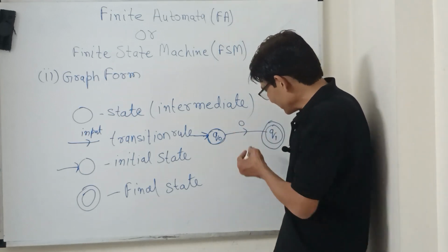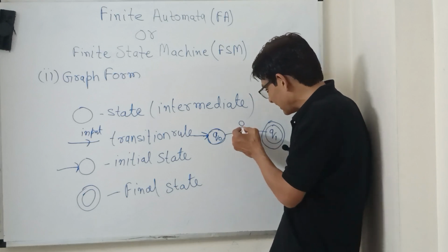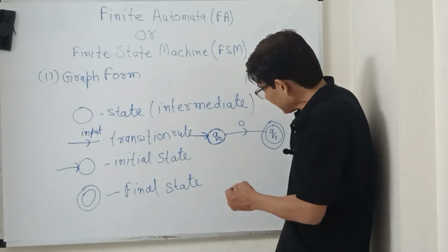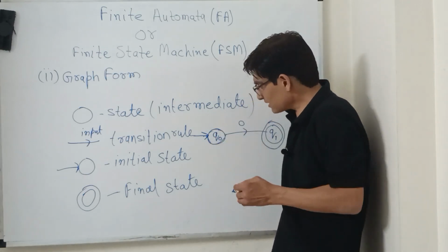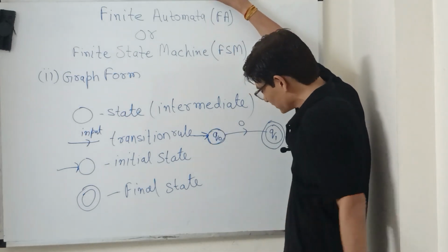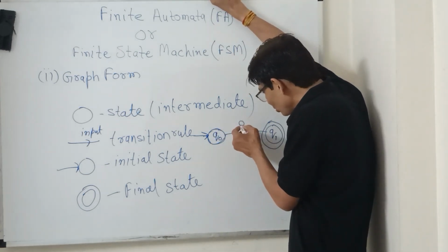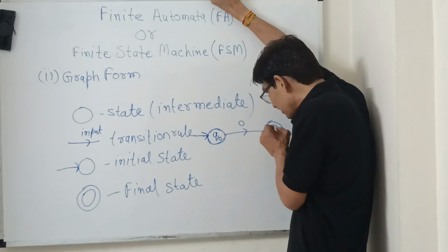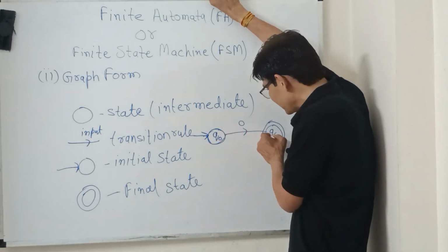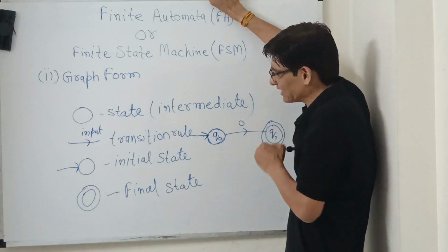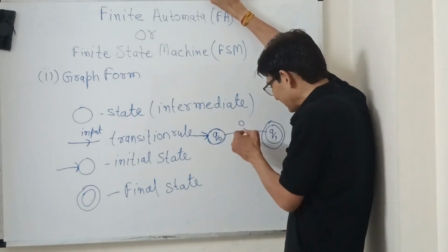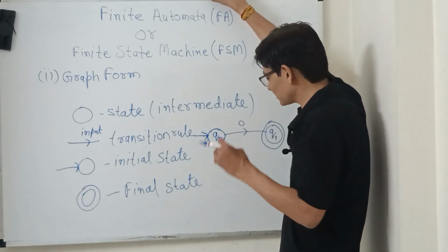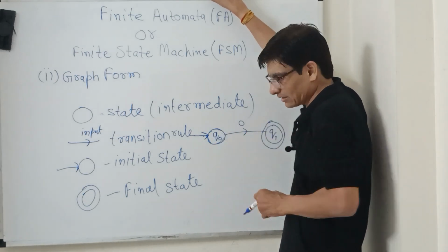Now you can see here this is a directed edge and I have mentioned the symbol 0 over the edge. So you can see how this machine works. The machine is in the initial state, which is q0, then it reads 0 and it changes its state from q0 to q1. And as q1 is the final state, that means 0 is accepted by this machine. So this is the simplest example of a finite state machine in graphical form that I have explained here.